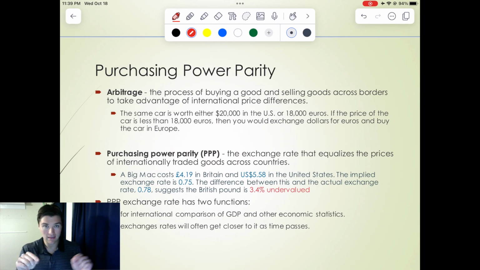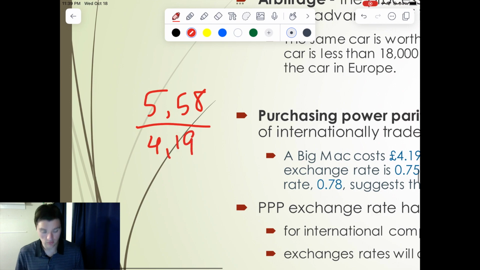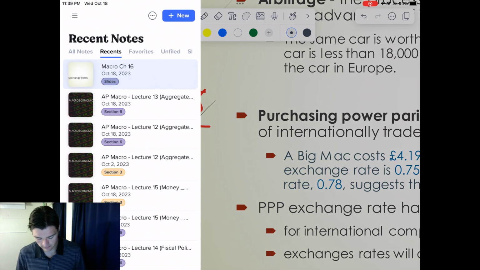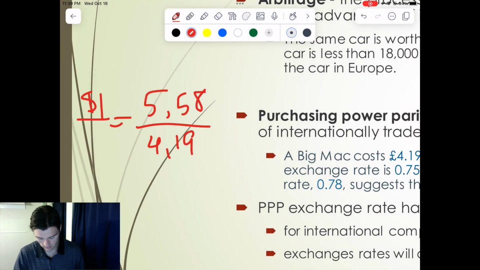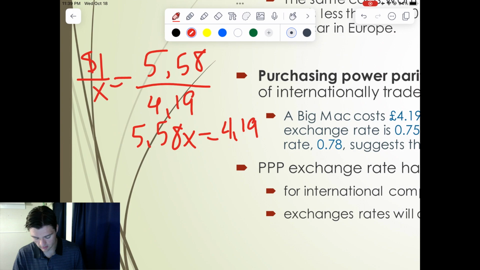So looking at this exchange rate right here, basically 5.58 and 4.19, if you were to put this into an exchange rate, then $1 is equal to, you've got to do X here, so 5.58X is equal to 4.19, so X is equal to 0.75.